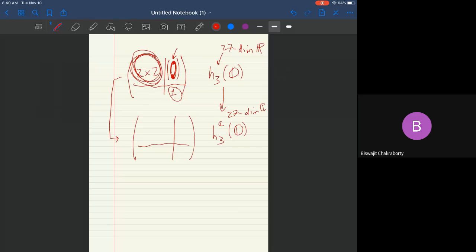The magic square is an idea. Let me briefly say what it is.